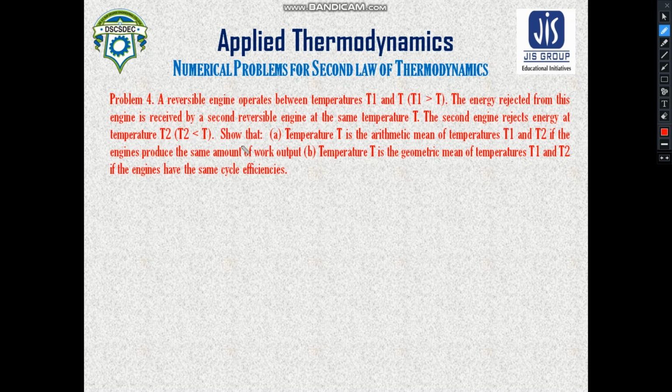Show that temperature T is the arithmetic mean of temperatures T1 and T2 if the engines produce the same amount of work output. Temperature T is the geometric mean of temperatures T1 and T2 if the engines have the same cycle efficiency. This is very useful information which will help you to solve many problems. Let us try to solve this problem.